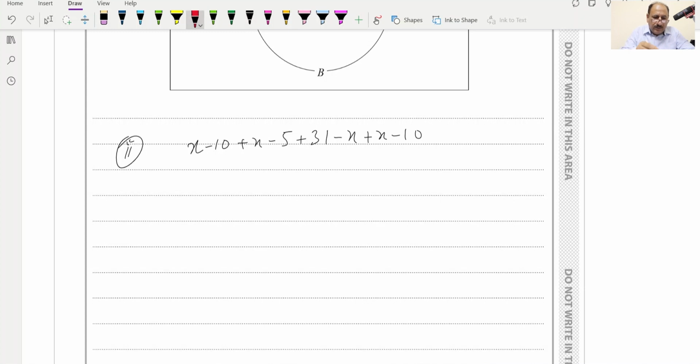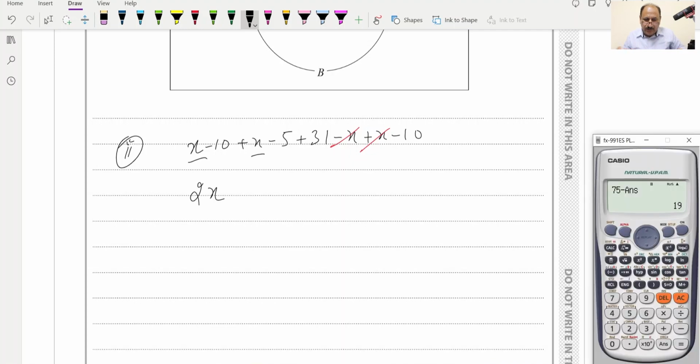And if we cancel x plus x with minus x, this will be 2x, and the remaining we can do using a calculator. So minus 10 minus 5 plus 31 and minus, basically it's not 1, it's 10.